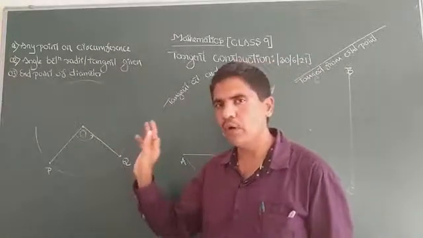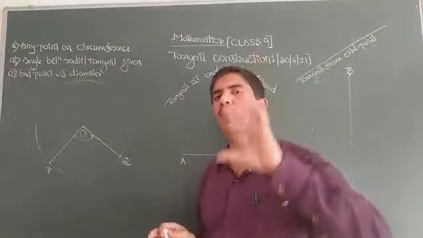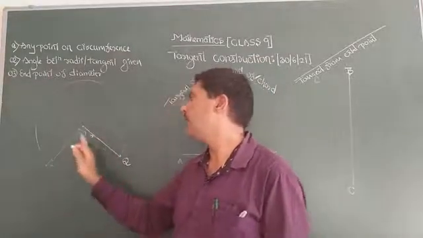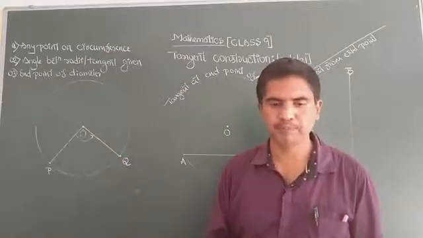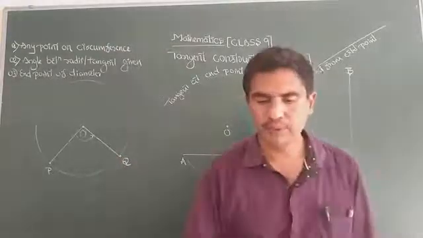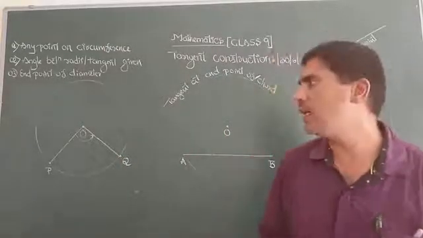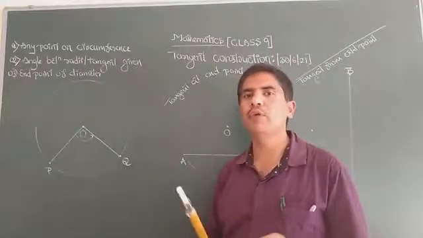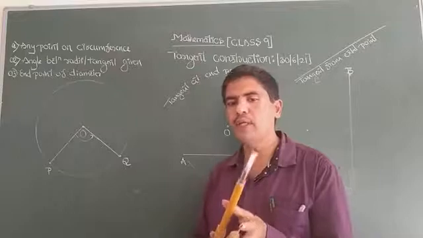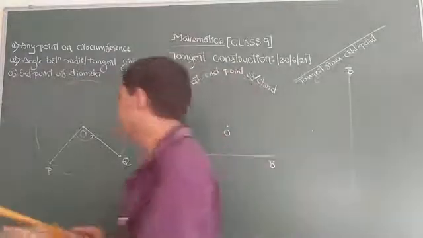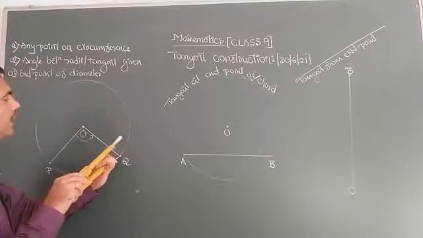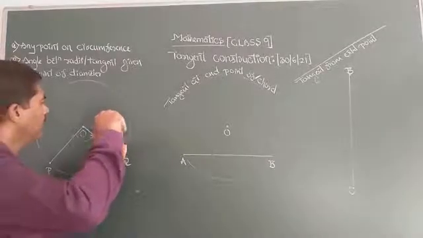One radius you draw, use the protractor, measure 80 degree, then construct one more radius. Now to construct tangents at the end points of these two radii, what we will do? Recalling, take a convenient radius, reach point Q and construct a semicircle.